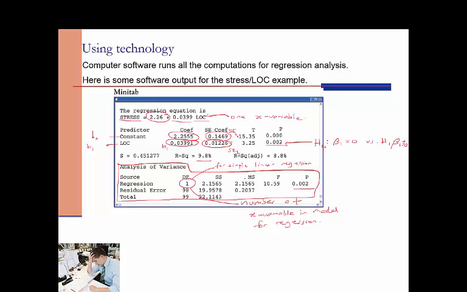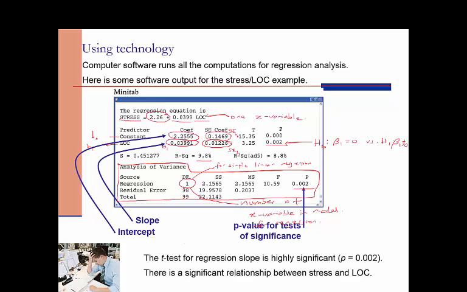Okay? The big takeaway is, since there is only one x variable, the p-value on B1 is equal to the p-value of the overall model.